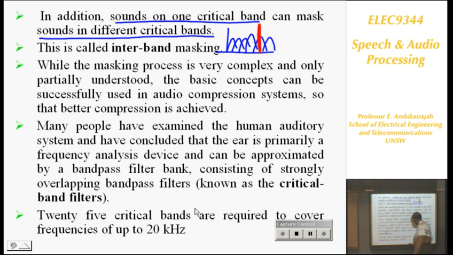This can mask the sounds in this band, this band, this band, this band. They are completely masked. That means these signals you will not hear, because this one is masking them. So you can't hear that. That's called frequency masking, or interband masking.